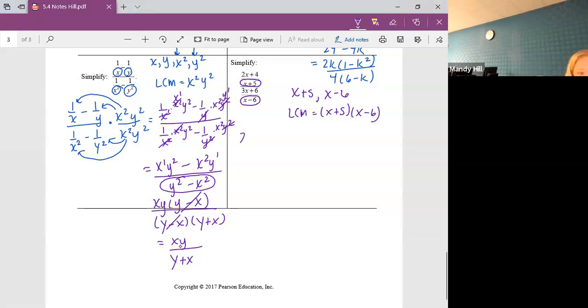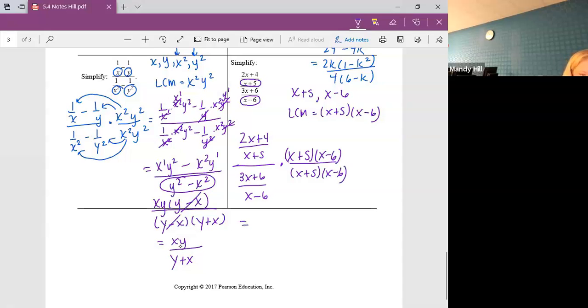So that means we're rewriting the problem, and we're going to multiply by x plus 5 times x minus 6 over x plus 5 times x minus 6.